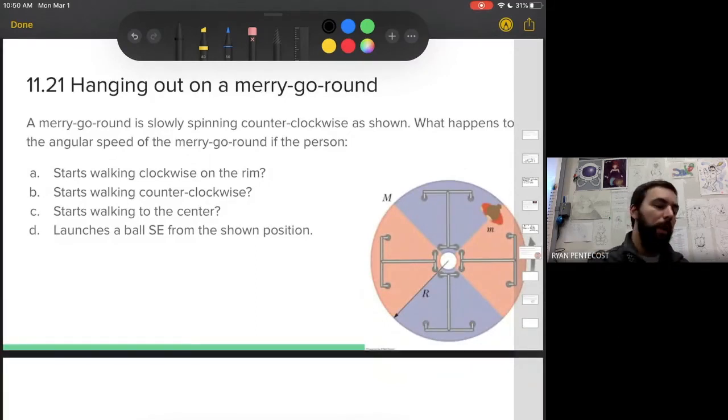However, as that person starts walking clockwise on the rim, that would cause the wheel to move counterclockwise, right? That is due to conservation. I believe that's a girl. Yeah, it's a girl. If that girl starts walking clockwise, that means that her feet have to be kicking backwards, right?